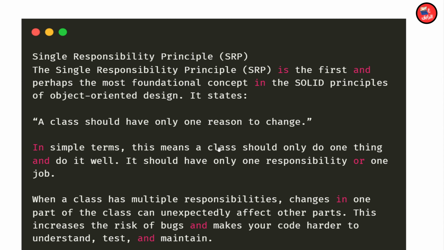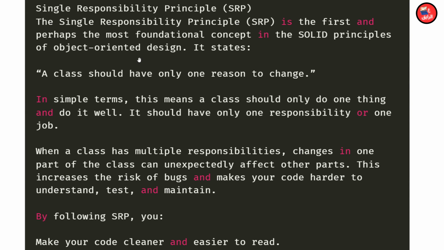Each class you write code in should have one reason to change. When you need to change something in this class, you have just one reason to go to this class.